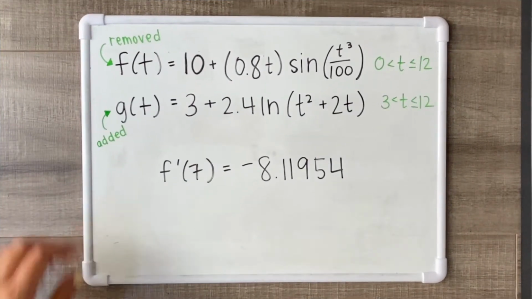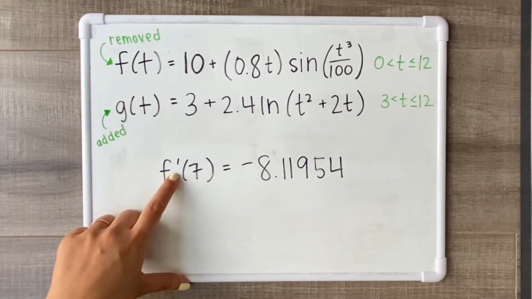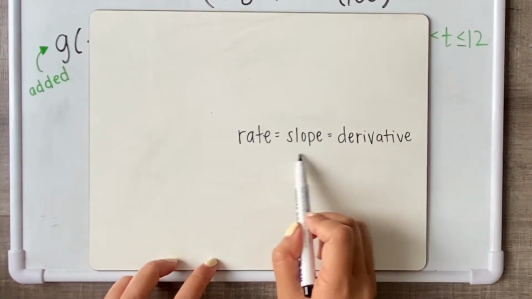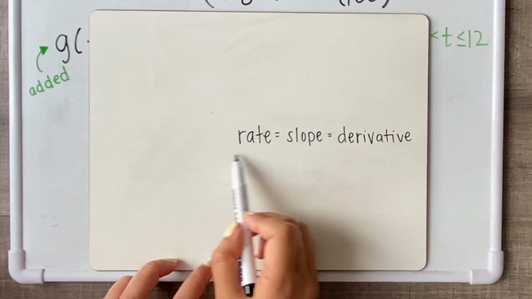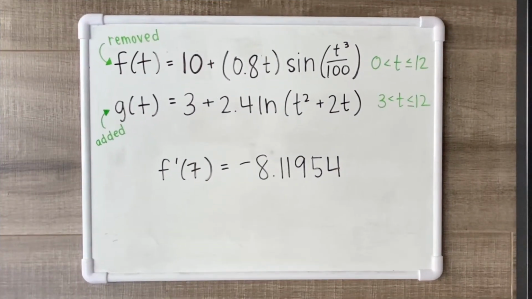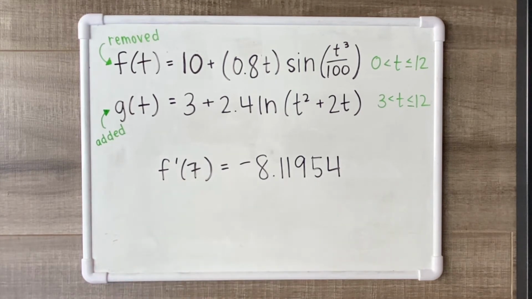So regular f was the rate of bananas being removed, and we got the derivative of f. And remember, we were saying a derivative is like saying the slope, which is also like saying the rate of change of something. We're thinking of those terms all as synonyms. Therefore, we just got the derivative of f was about negative 8, aka the slope of f was about negative 8, aka the rate of change of f was about negative 8.